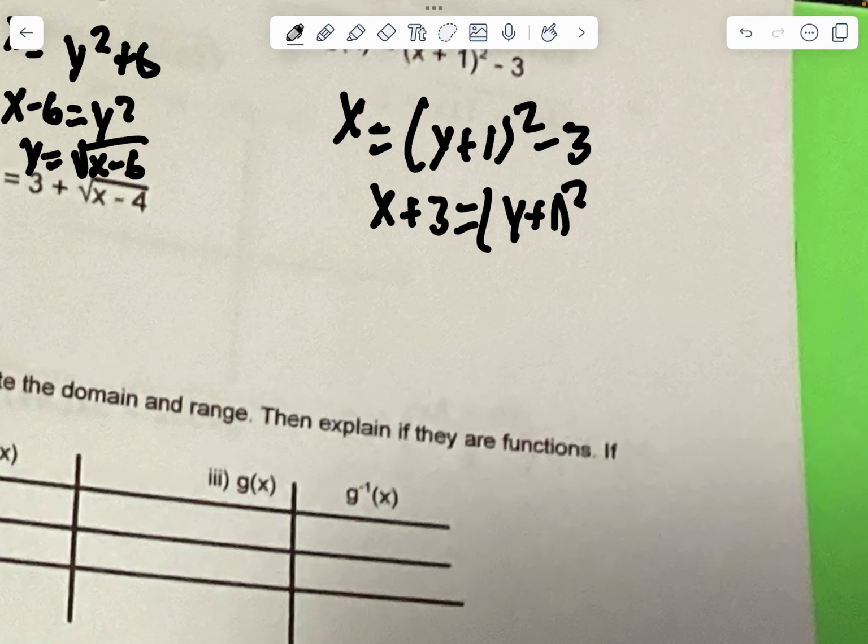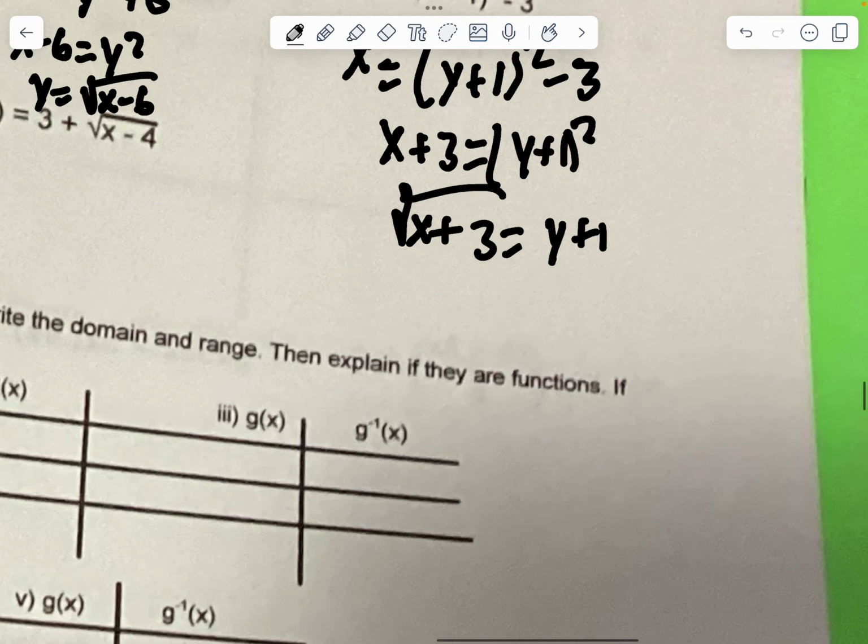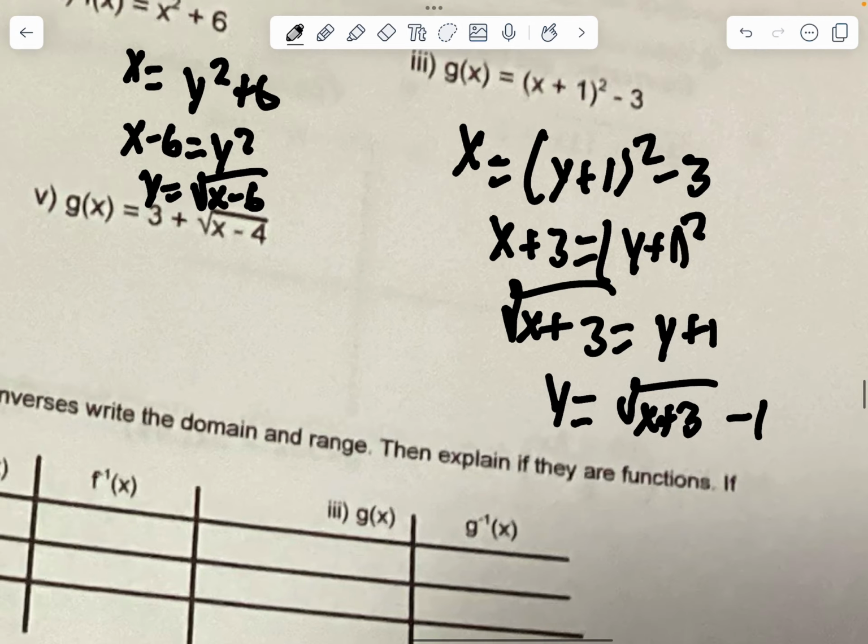Square root both sides, y plus 1. So y equals the square root of x plus 3 minus 1.